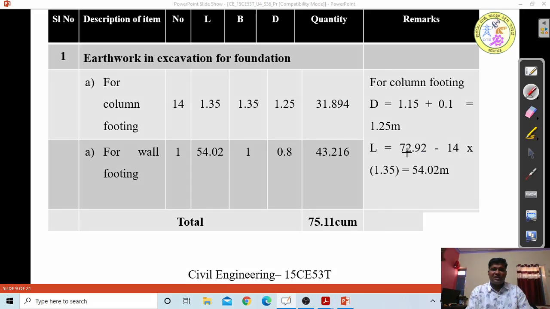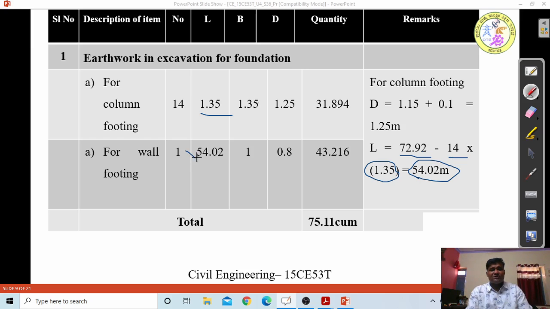So for wall footing, the total center line length was 72.92 meters minus, since this 1.35 meter is already claimed in the footings, I need to deduct this because it is going to come in between. So 14 into 1.35 meters, deducted, will give me 54.02 meter as the total length of the size stone masonry foundation.